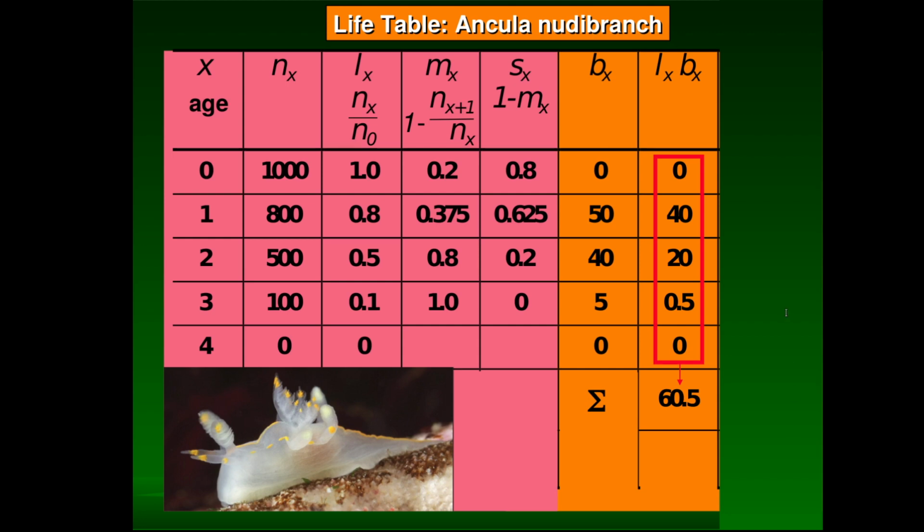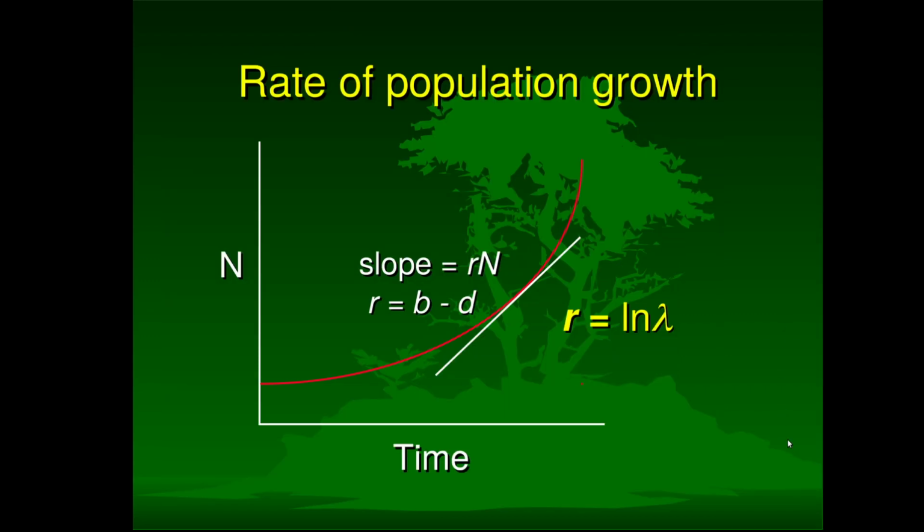If population growth is continuous with overlapping generations, then we want to know the instantaneous rate of increase at generation 1. This is the slope of the line that is tangent to the curve at generation 1.